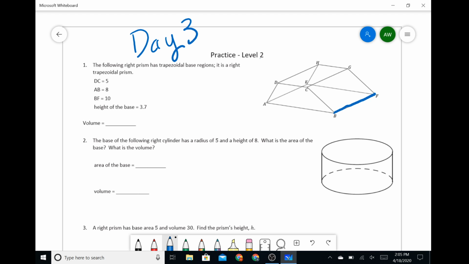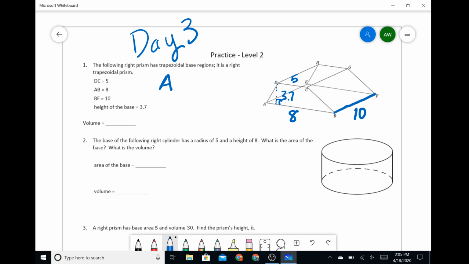So we know that BF, which is the height of the entire prism, is 10. We know that AB is 8. We know that DC is 5. And we know that the height of the base is 3.7. Okay, so this is pretty important because what we need to do is find the area of the base, right?